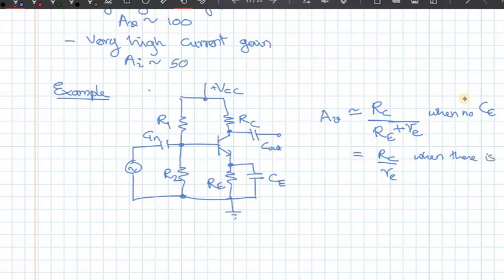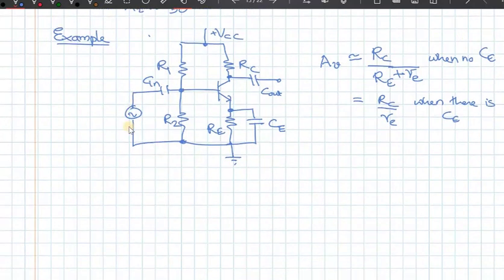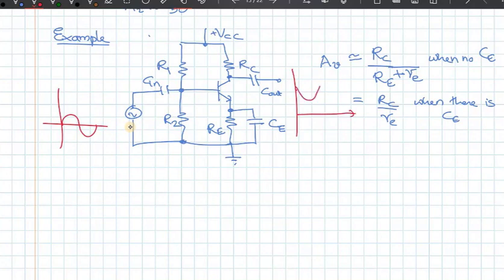When there is the emitter bypass capacitor, right? Now, one thing to remember though is that we looked at this circuit earlier also. As the input signal increases, the output actually decreases.